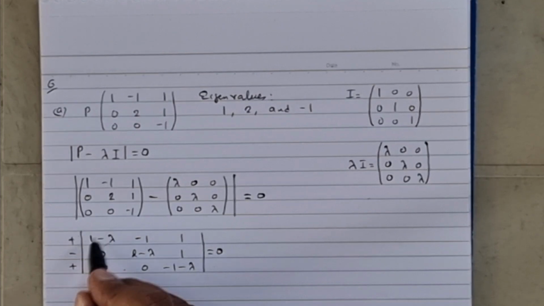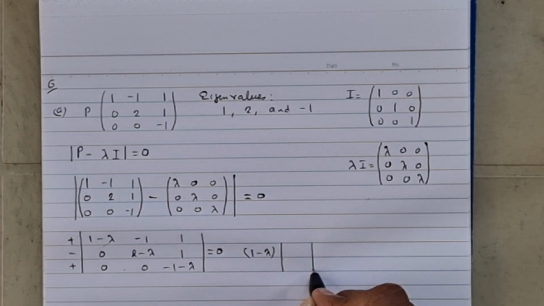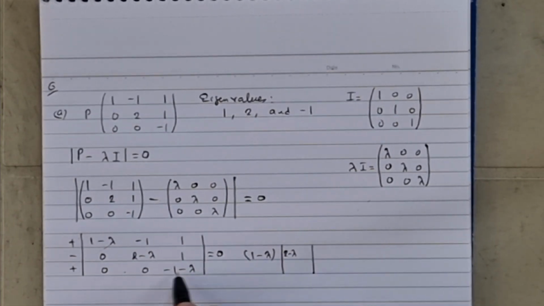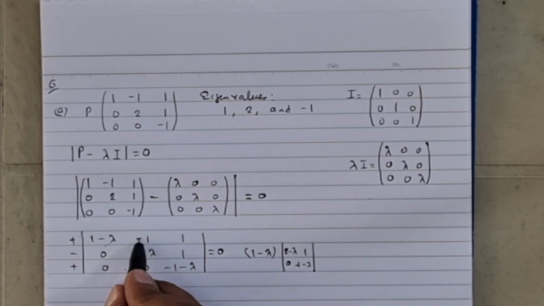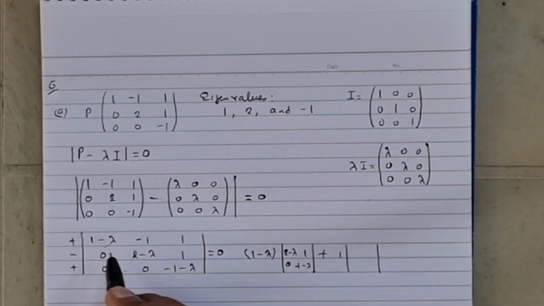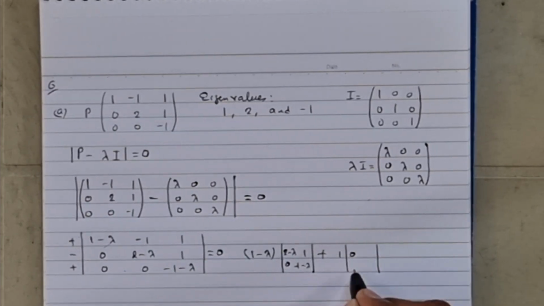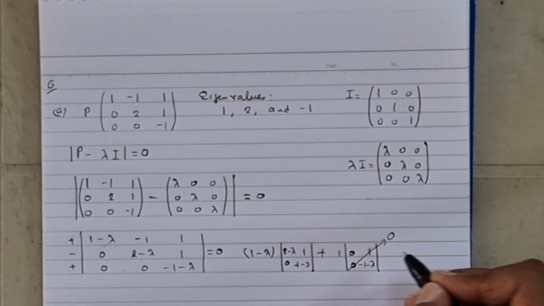So I've got 1 minus lambda over here, then the matrix with 2 minus lambda, 1, 0, minus 1 minus lambda, whose determinant is what we need. Then minus becomes plus, and I've got 1 into, of course, the cross-multiplied entries 0, 0, 1 and minus 1 minus lambda.